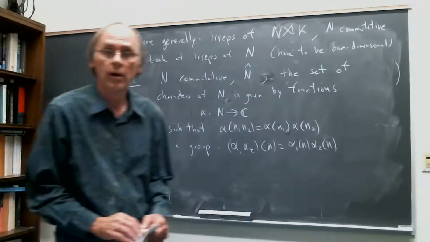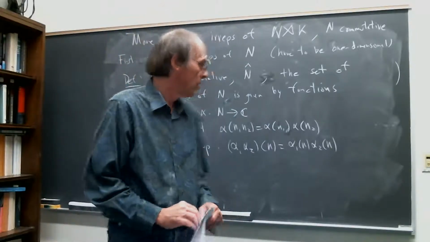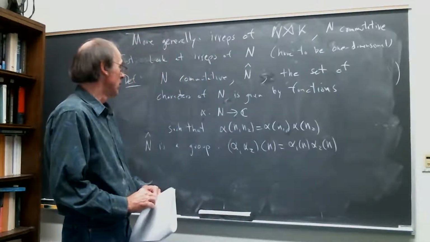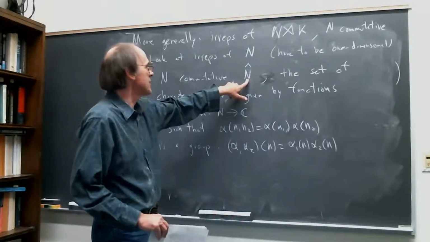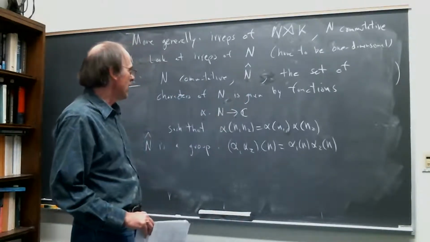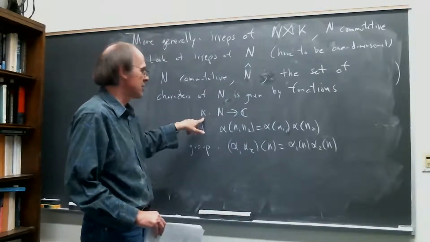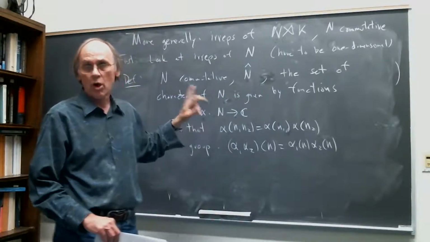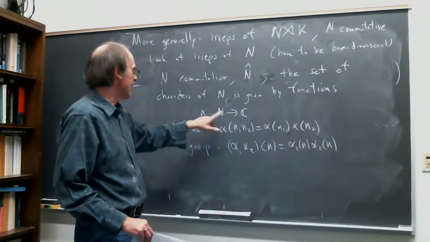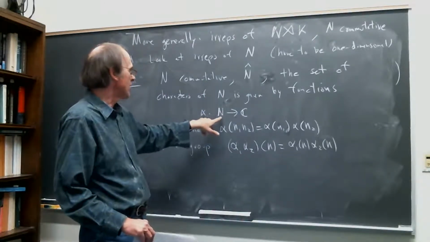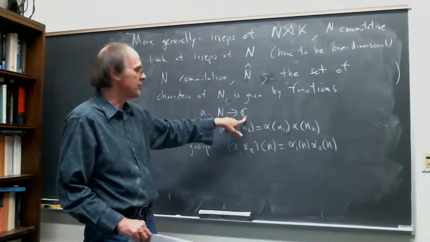So from this definition of alpha, it looks like it's not necessarily unique, right? There are many different such characters. One thing that will always work is the trivial map, the thing which to every element of N just gives you 1.